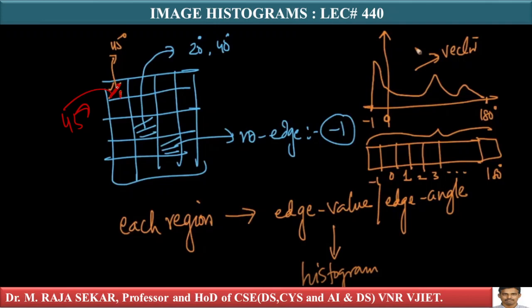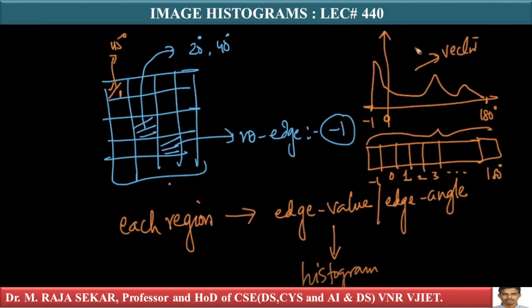I can plot the histogram of these edge values. Let's assume I try to plot the histogram of edge values, isn't it? Can I plot a histogram of a histogram? I can plot like this. Just let me assume this is my histogram.